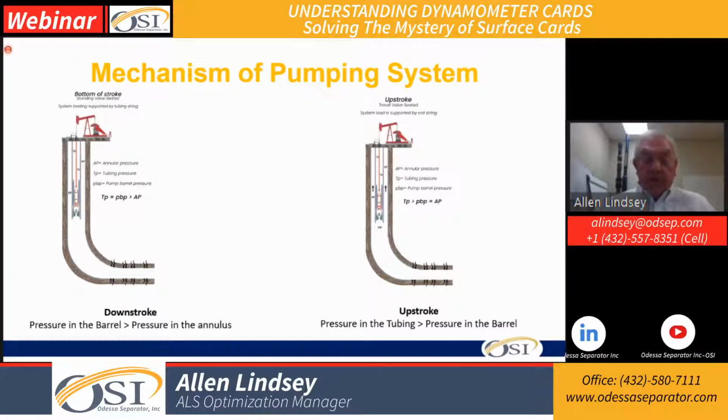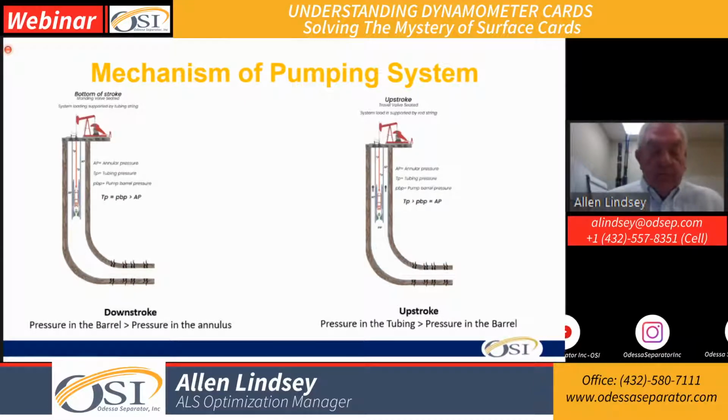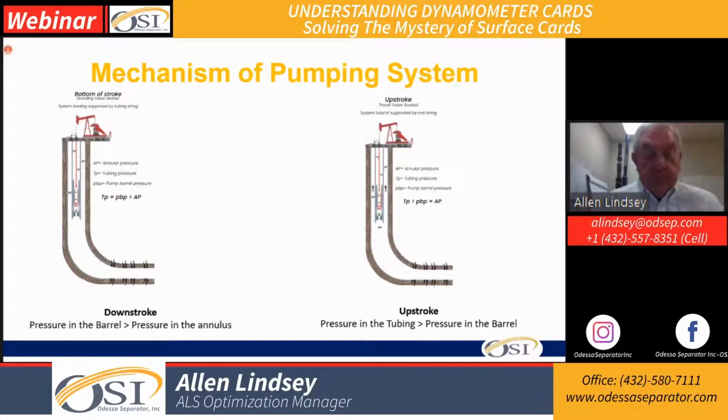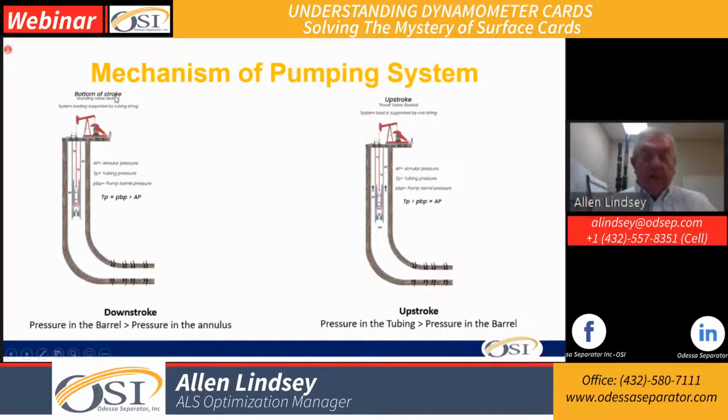So let's look at how a dynamometer card is created from the operation of the pumping system. At the bottom of the stroke, the rod string stops for an instant to transition from the downstroke to the upstroke. In other words, the upstroke is about to begin.